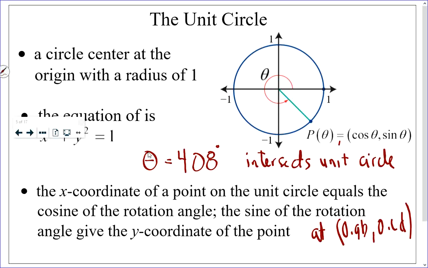And I mean, it stumps some people. But if it intersects the unit circle, then the x-coordinate is the cosine of 408 degrees. That's all you have to do, is go cos 408 in degree mode. It's actually a diploma exam kind of question.